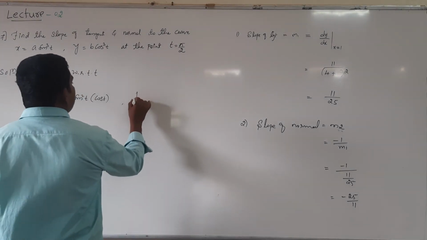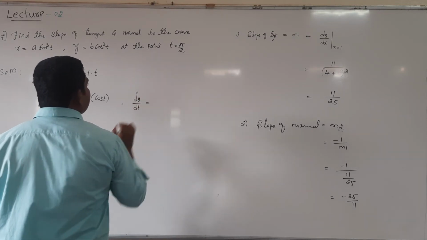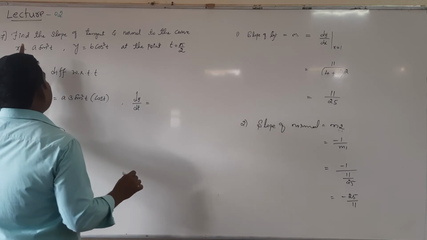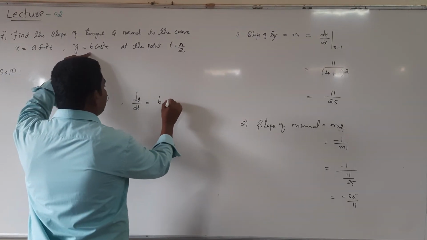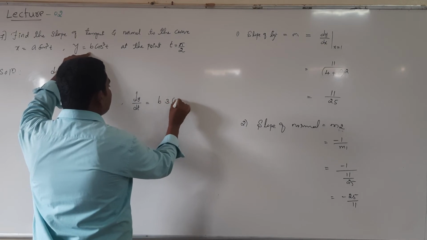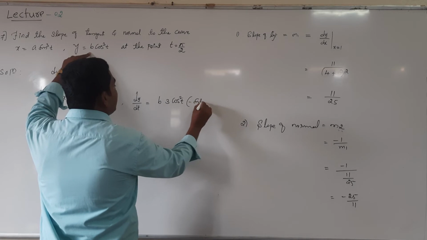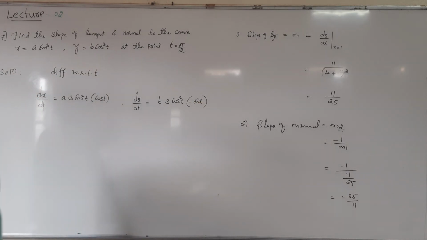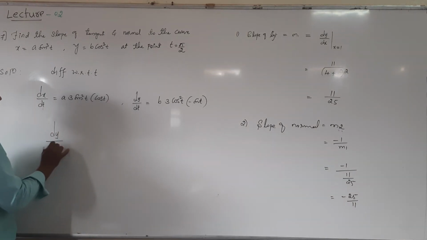After that, write dy by dt. What is dy by dt? Dy by dt is equal to b constant as it is, cos cube differentiation 3 cos square t into minus sin t. Once you get dy by dt and dx by dt, write dy by dx.